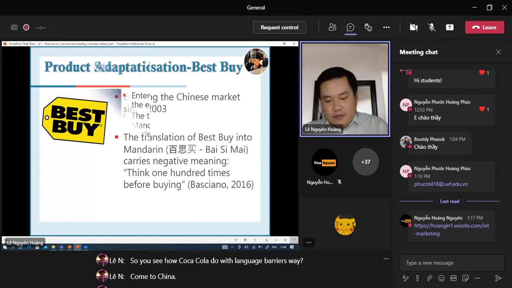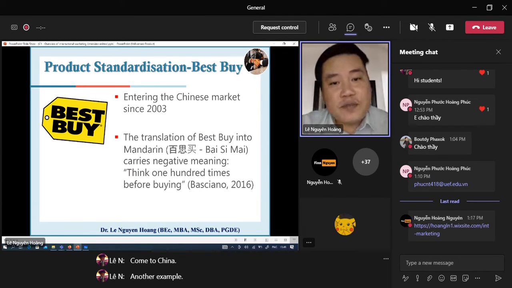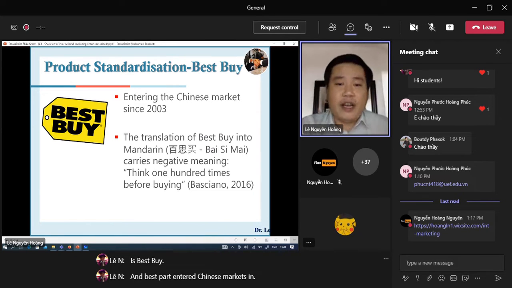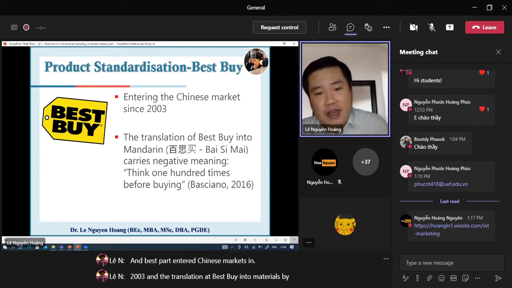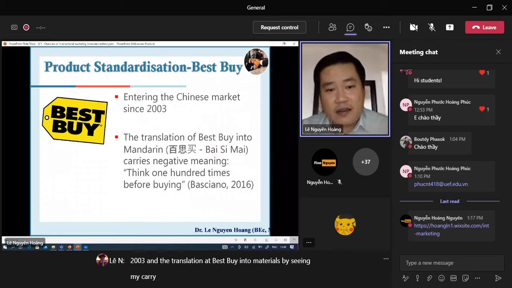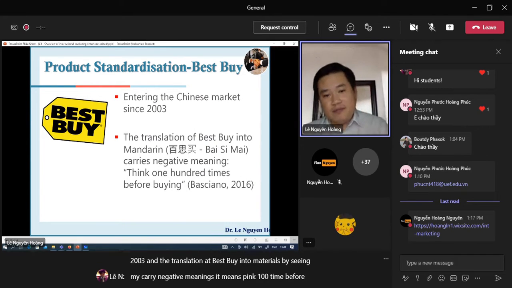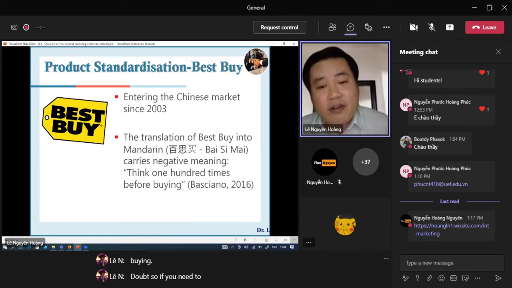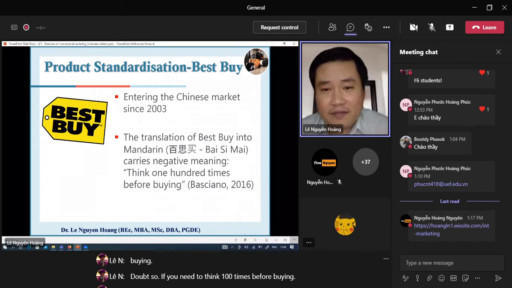Another example is Best Buy. Best Buy entered the Chinese market in 2003, and the translation of Best Buy into Mandarin, Bai Xi Mai, carried negative meaning. It means think 100 times before buying. So if you need to think 100 times before buying, is it a good buy?